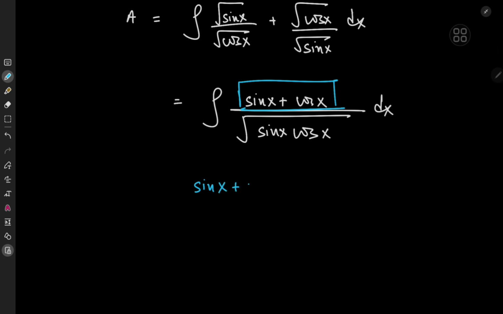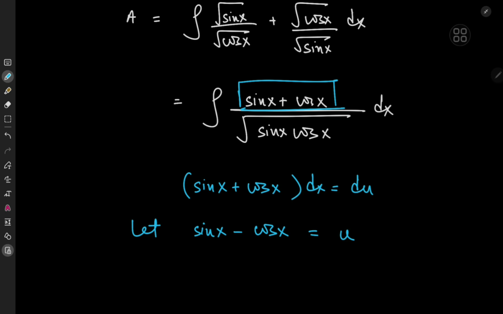We know that sine x plus cosine x dx should be du. And that pretty much solves the problem, because on integration, we get sine x turning into a negative cosine x, and we have the cosine x turning into a positive sine x function. So that's the substitution. We let sine x minus cosine x equal u. And that solved the problem for the differential element.